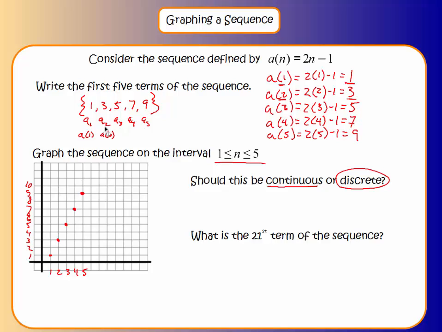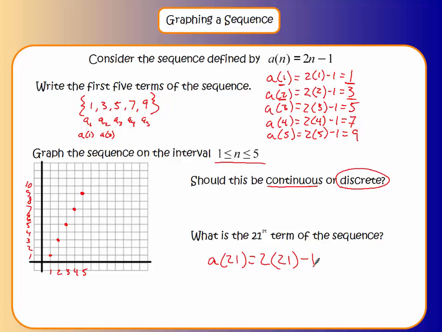Now could I in turn find the 21st term of the sequence? I just stopped at 5 because I only wanted to do the first 5. That's all I was asked for. But could I find the 21st term? I think I could. All I would need to do is plug in 21, right? So a sub 21 equals 2 times 21 minus 1.